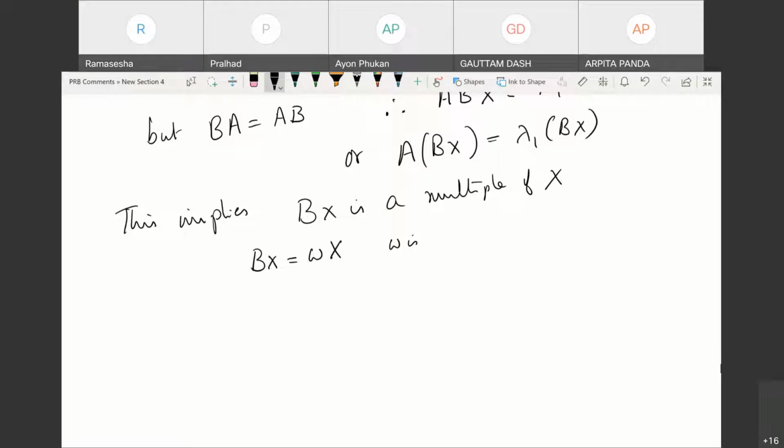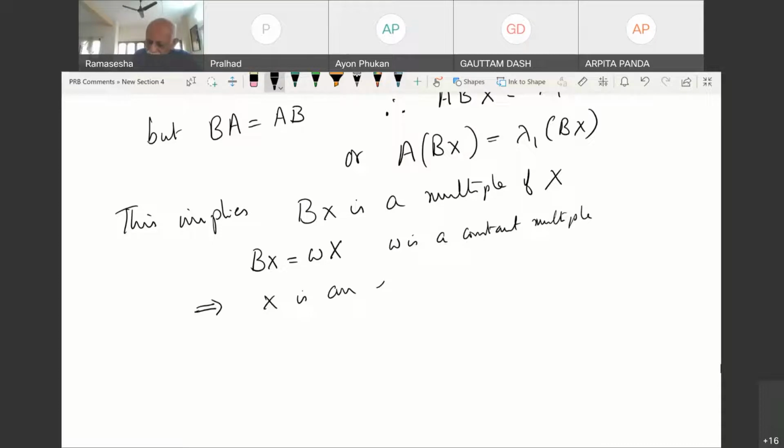And that x is an eigenvector of B with eigenvalue omega.